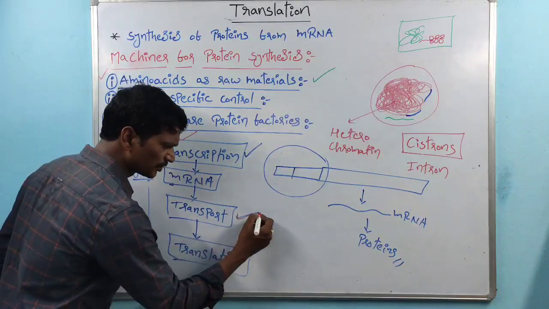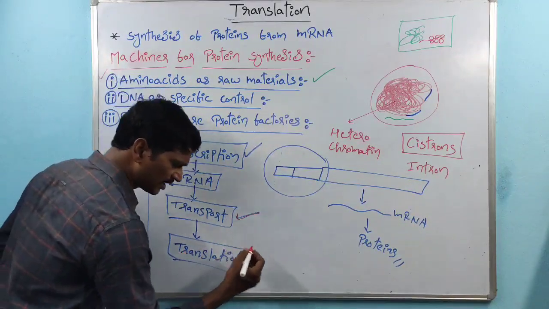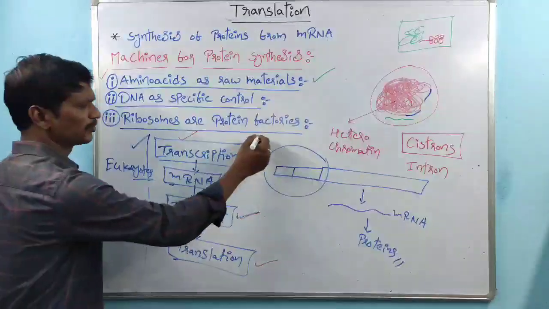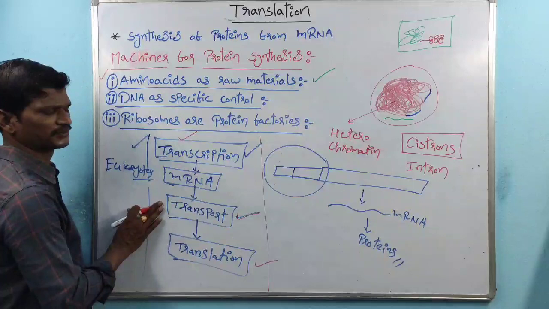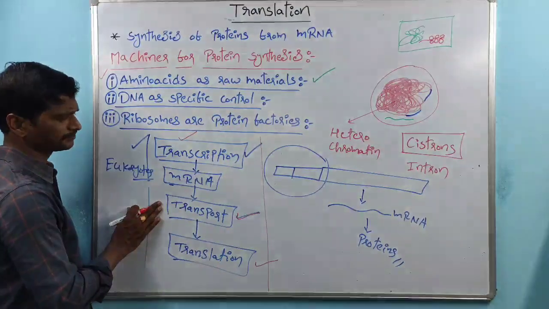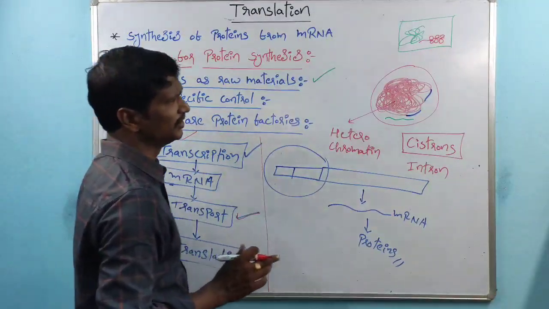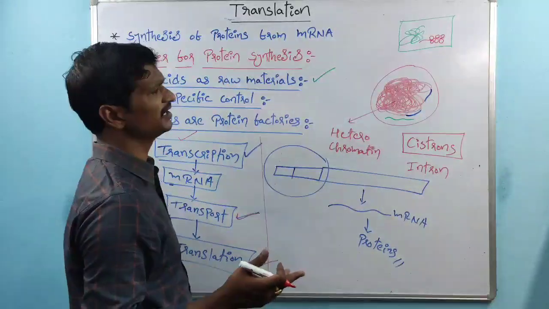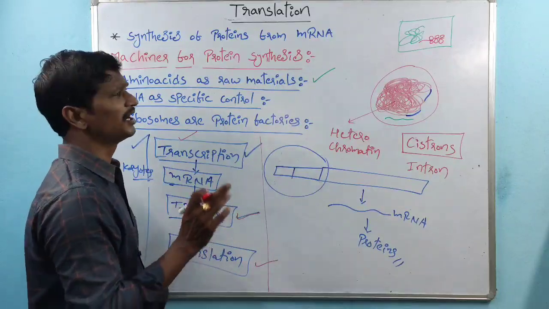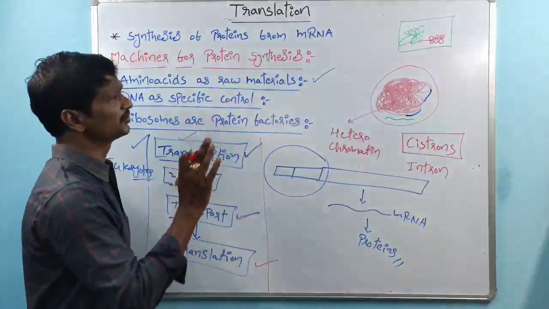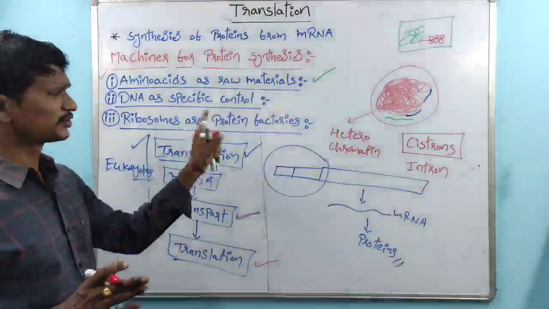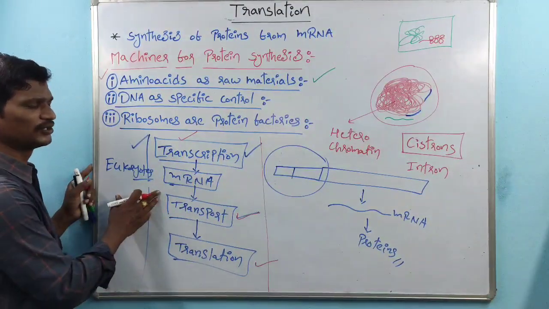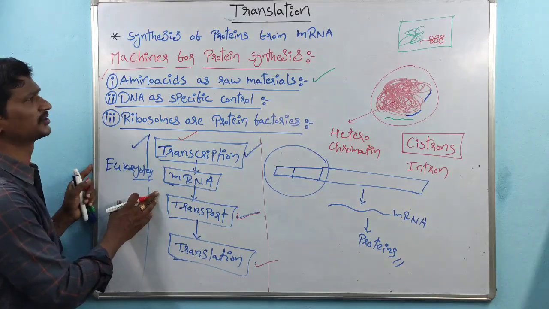Transportation is the next step, and the last step is translation. Those are the regulatory steps within eukaryotic cells. In prokaryotic cells, once mRNA production has started, ribosomes immediately bind and protein synthesis takes place. That is the difference between prokaryotic and eukaryotic gene expression regulation.